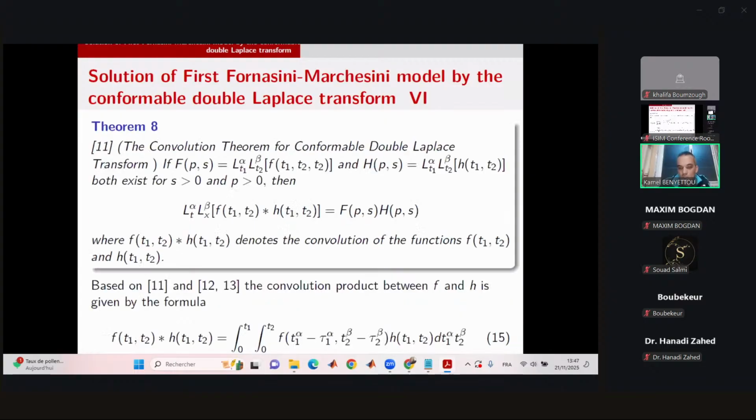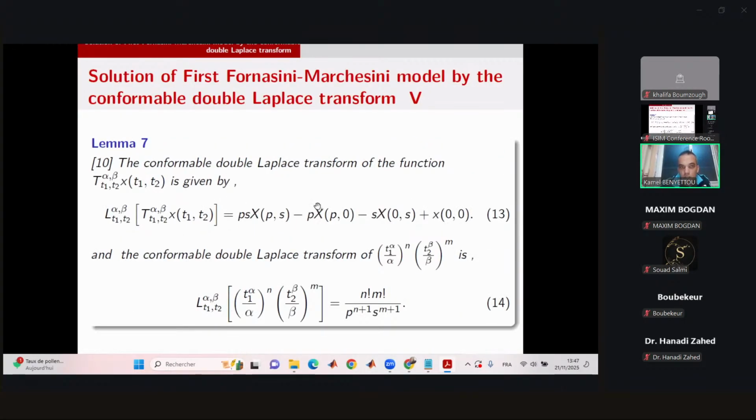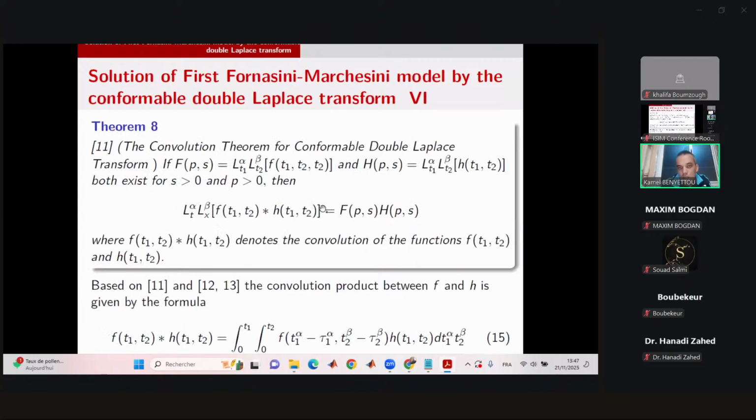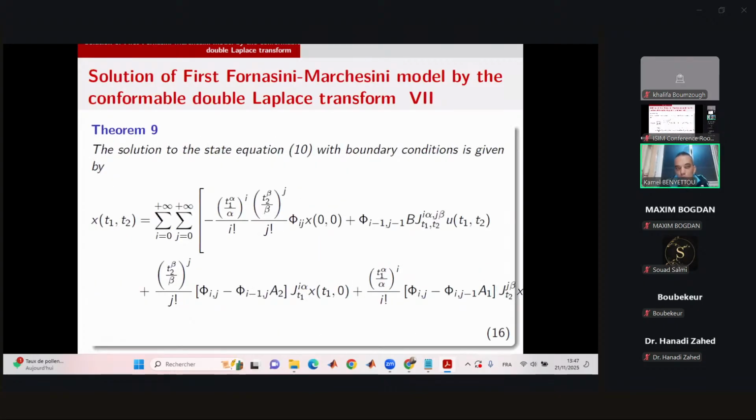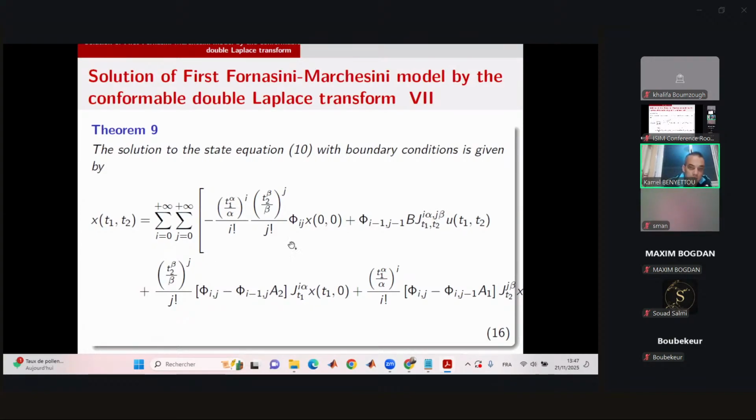Using the previous result, the convolution product and this lemma, we can easily conclude that the solution of our system, or state space equation, is given by the following theorem, equation 16. Note that phi represents the state transition matrix of our system.